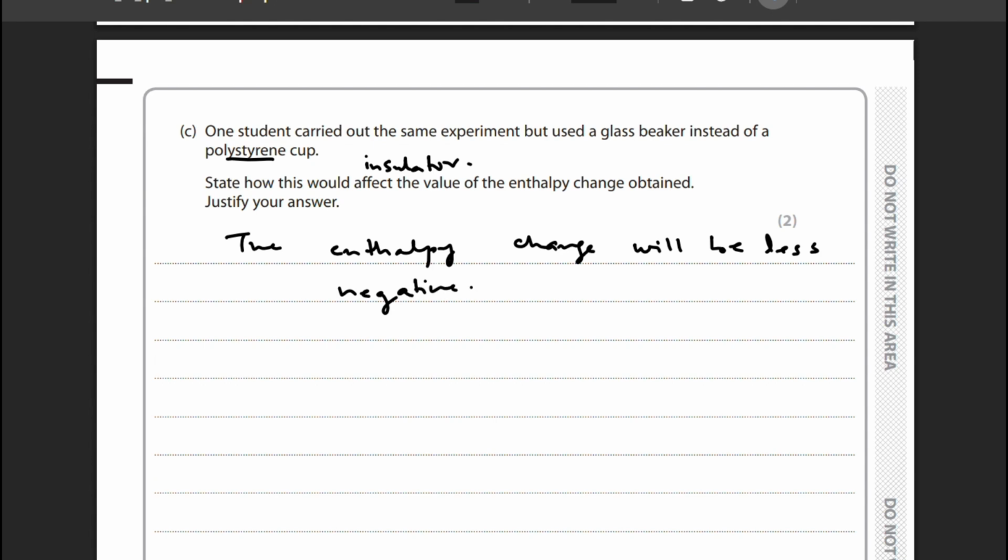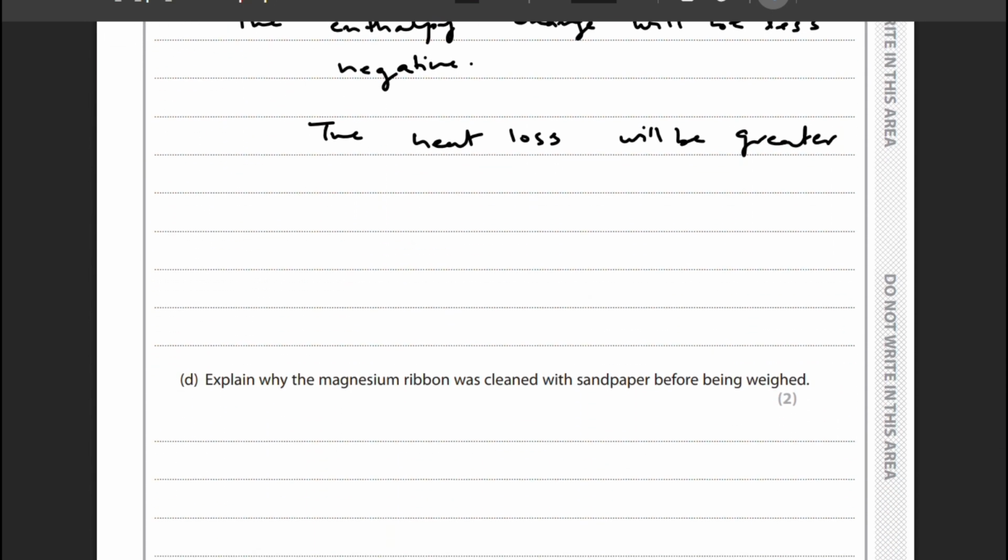Why? Because the heat loss will be greater if we use the glass instead of polystyrene. So there will be more heat loss into the surroundings. As a result, the enthalpy change value will be calculated less negative. So that will be the error in the experiment.